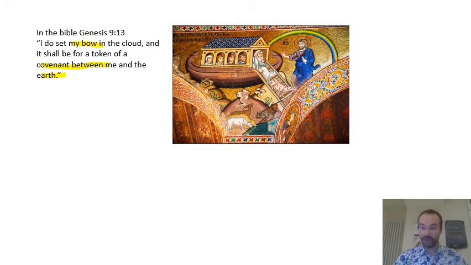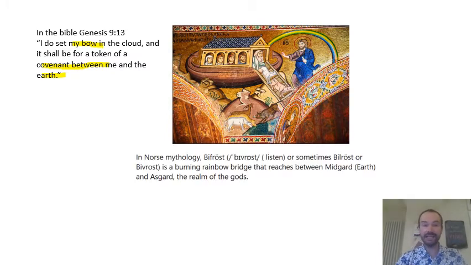When I googled it, I found all sorts, but I particularly liked the idea that in Norse mythology, the mythology of the Vikings, Bifrost is a burning rainbow bridge that reaches between Midgard and Asgard. Midgard's where we are, Asgard is the realm of the gods, and over that burning bridge, warriors who proved themselves worthy or gods could cross into the realm of Asgard.